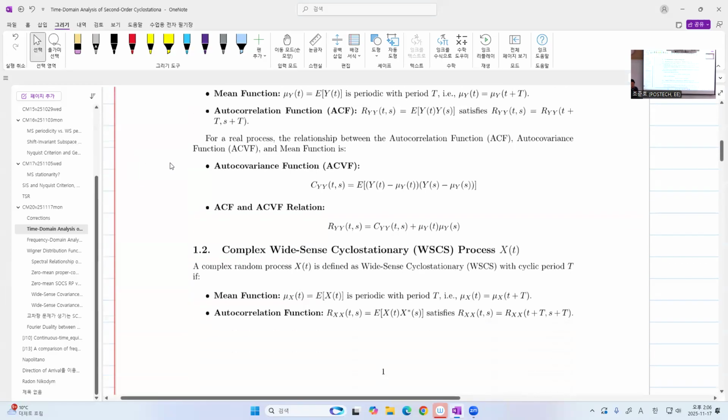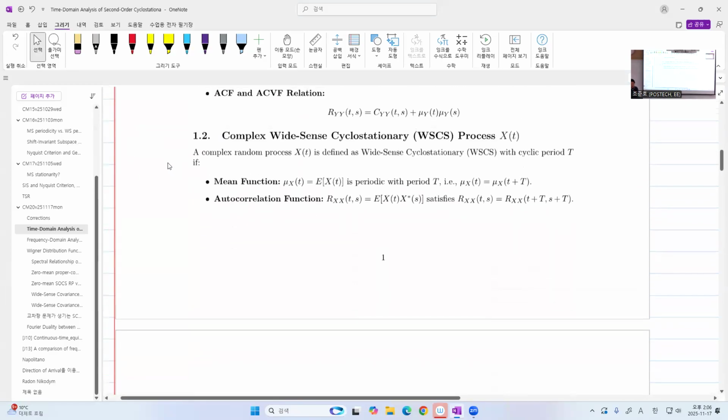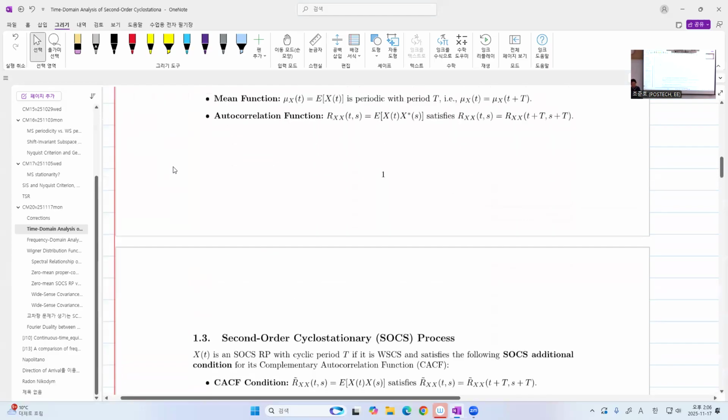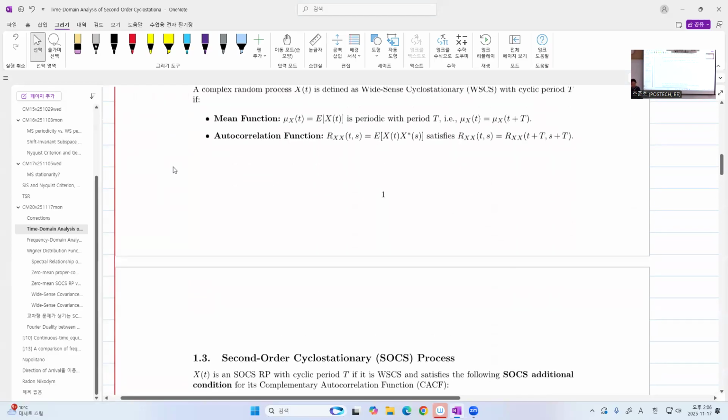Unlike this real valued Y-sense cyclostationary random process, the complex Y-sense cyclostationary process, if we just replace real valuedness with complex valuedness, has one problem, because we only have a definition in terms of the mean function and the autocorrelation function, not in terms of the complementary autocorrelation function.